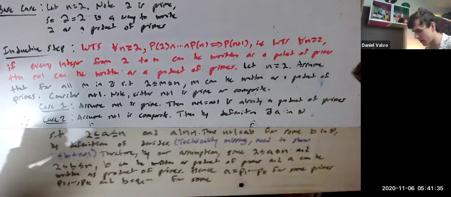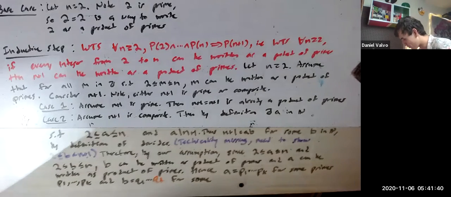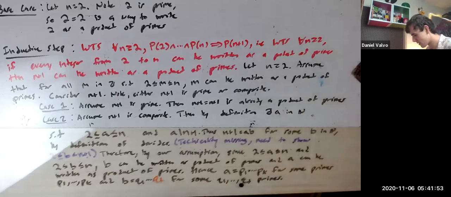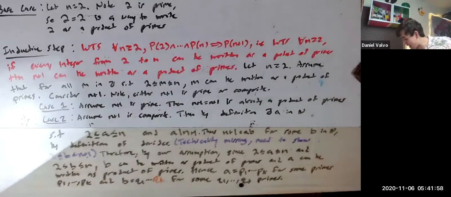I'm going to write QT in orange, if anyone gets that joke. So we know that A can be written as this product of primes, P1 times P2 all the way to PK, and we know that B is this product of primes, Q1 times Q2 all the way up to QT.